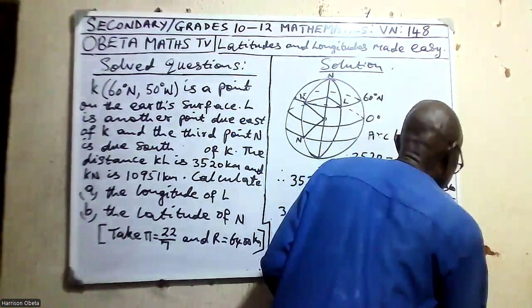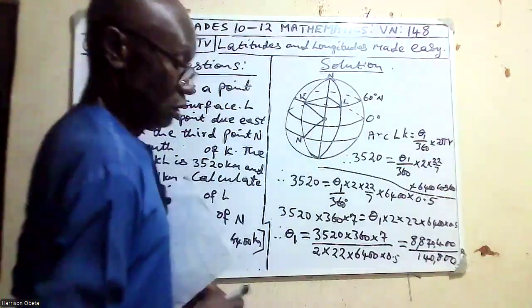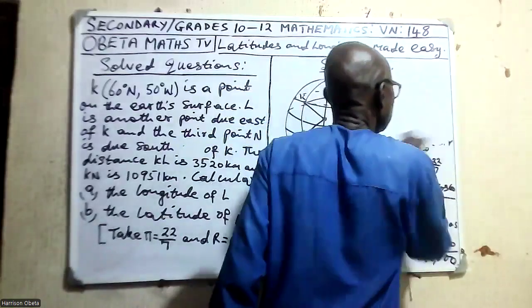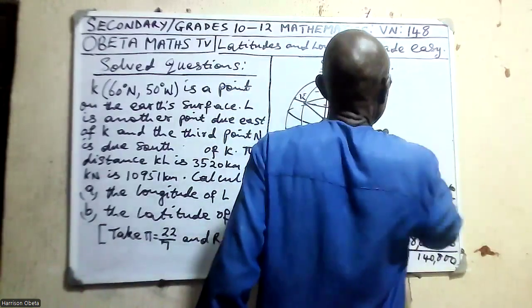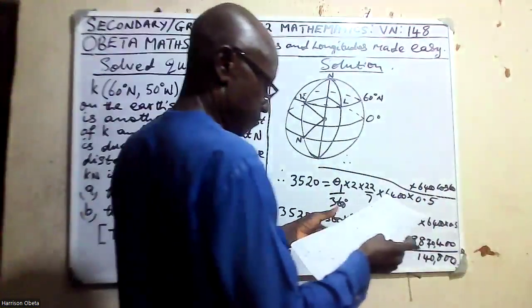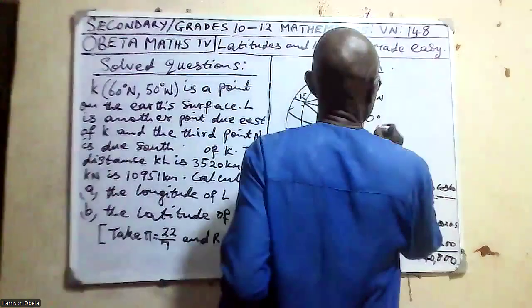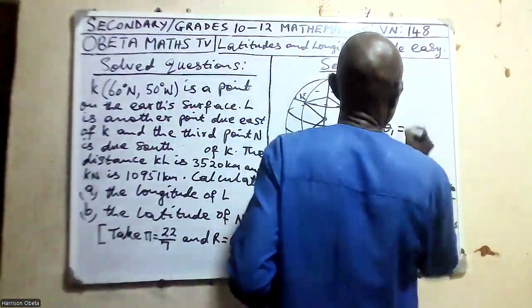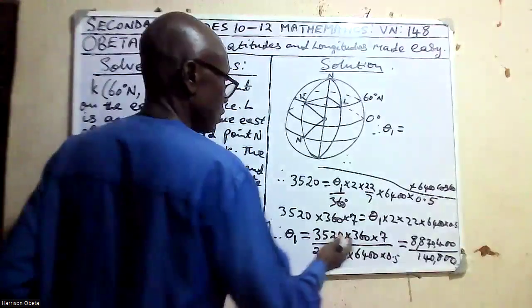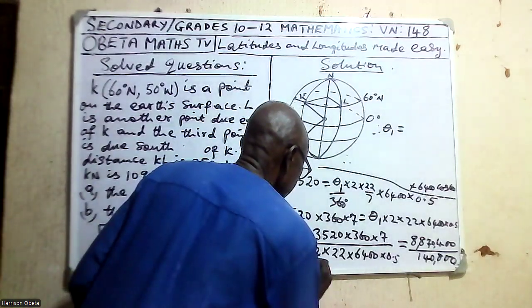If you carry out the division, theta 1 is equal to 63 degrees.